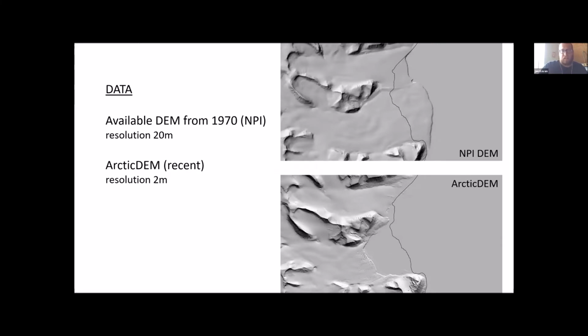And the data that I was using for this was firstly the old 1970 elevation model with a 20 by 20 meters resolution. And then, for comparison, I used the recent ArcticDEM with a 2 by 2 meters resolution. So I was comparing these two data sets.